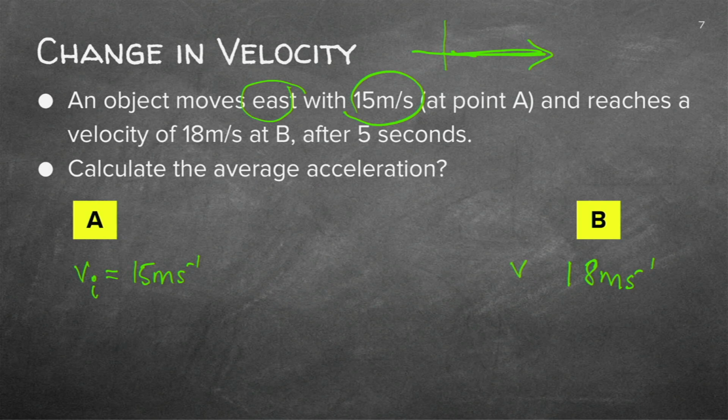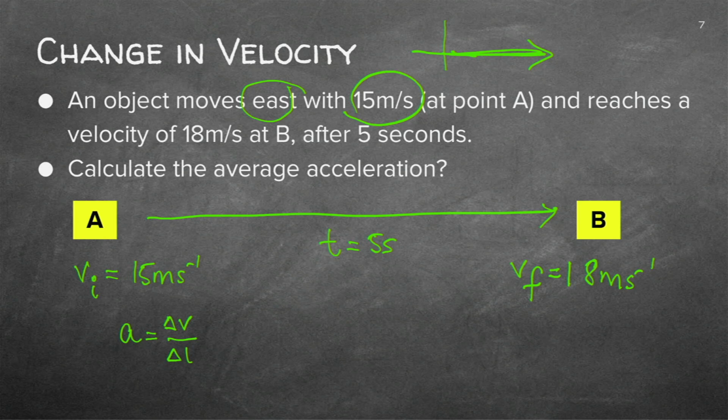And again, that will be then the final. And it took this object a time of 5 seconds to get from A to B. How will you be able to calculate the acceleration? Well, firstly, you always get a mark for your equation. So that will already be a mark. Then you refine your equation.